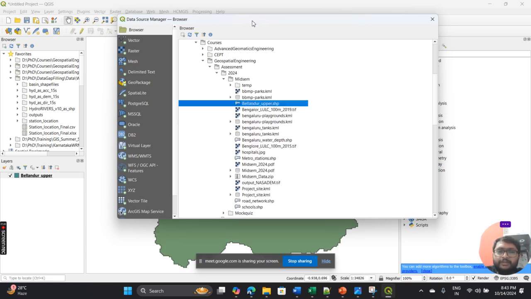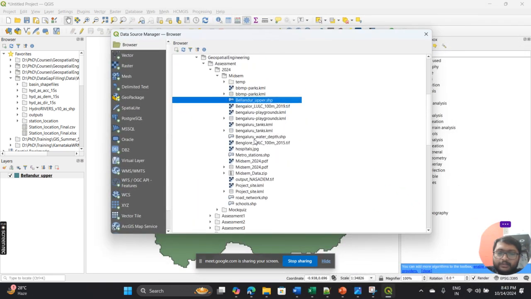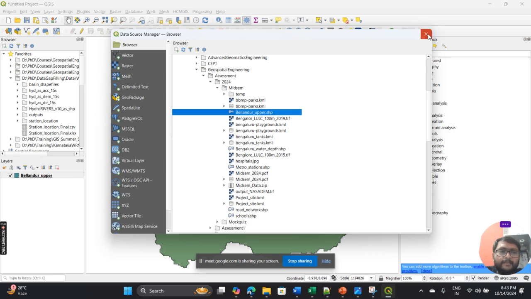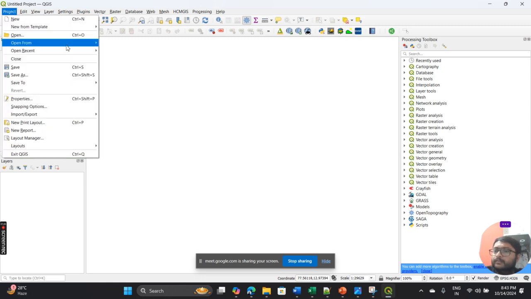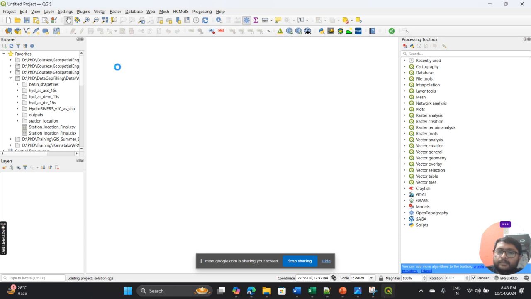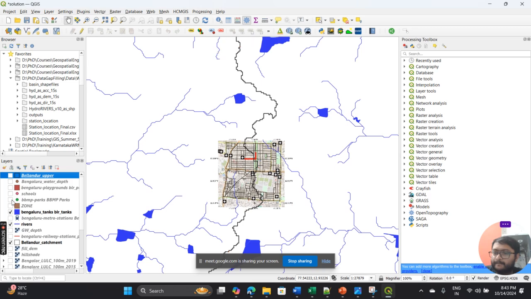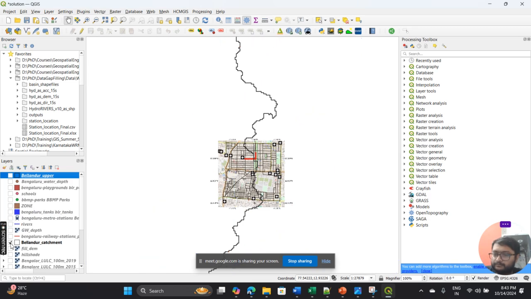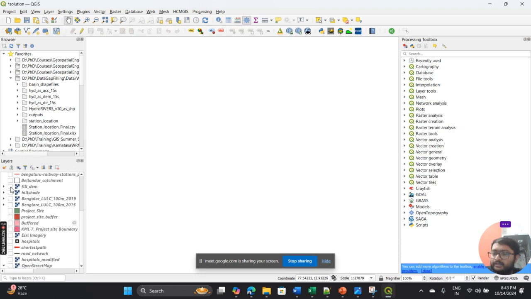We have given this kind of data set. What we gave to our students is the digital elevation model, and all of you know that a digital elevation model shows the elevation like this.